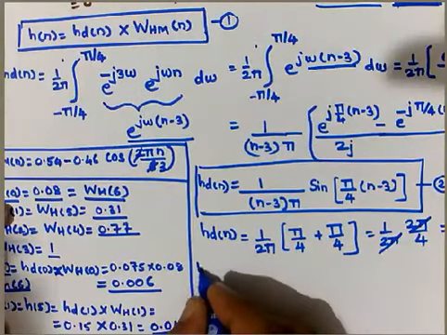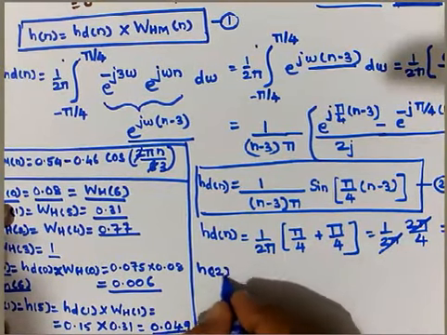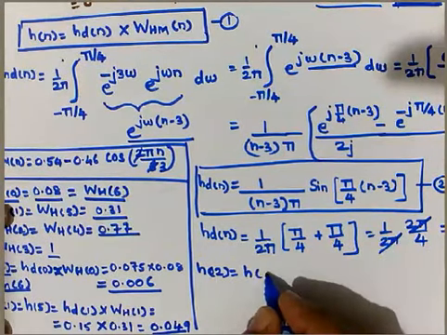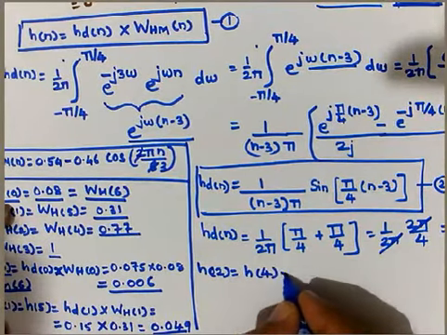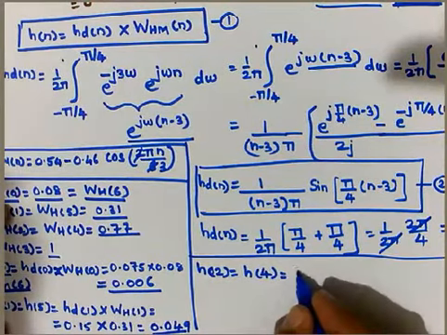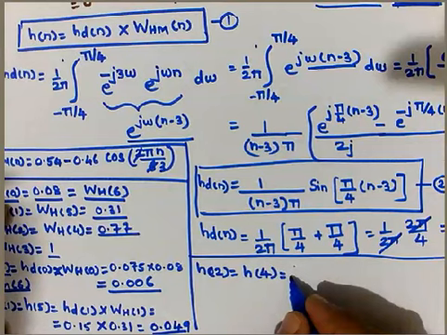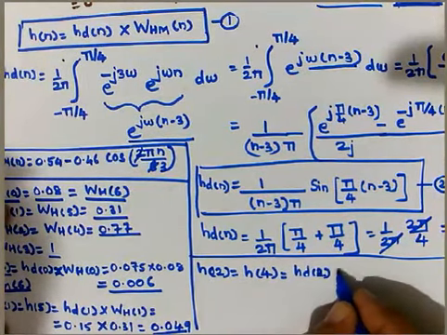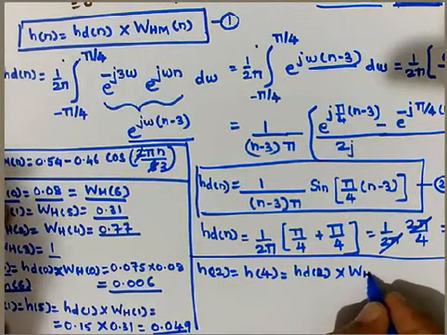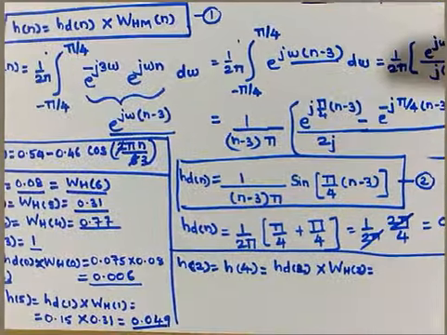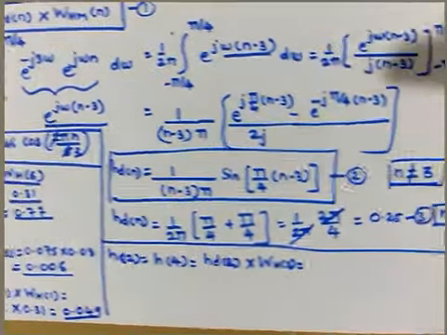Similarly, when you calculate h of 2, that is equal to h of 4, which is nothing but hd of 4 or hd of 2 into wh of 2. So hd of 2 means, again use equation number 2 to solve it.